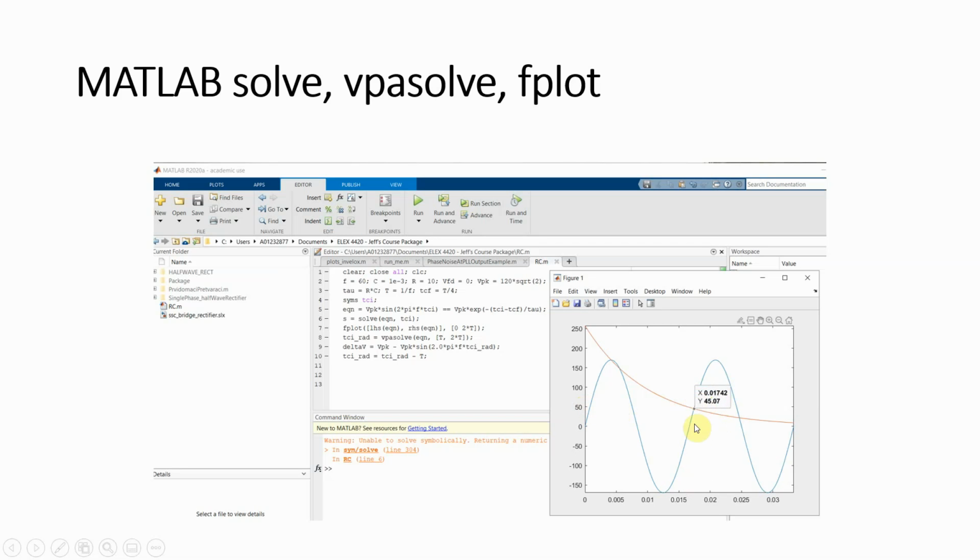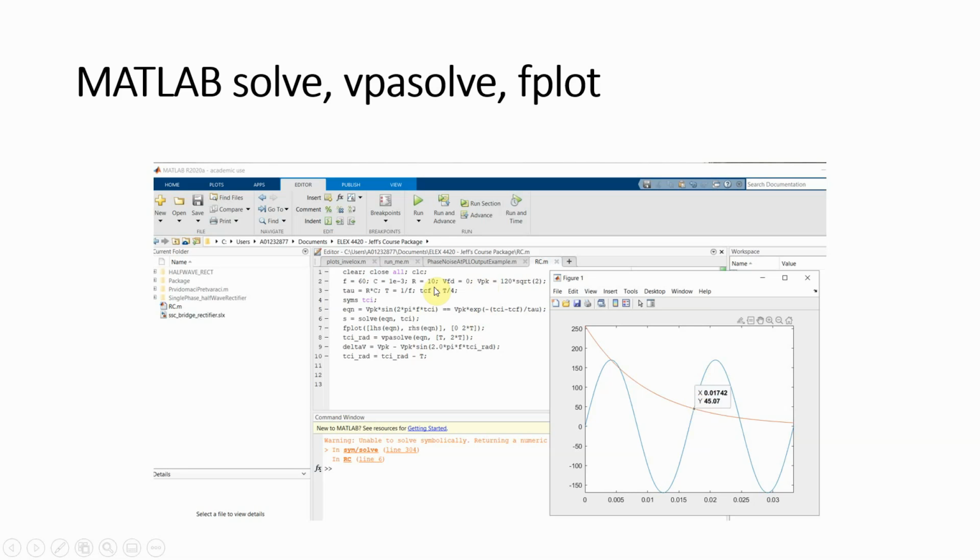the voltage. Even if you don't use the graphical plot, you can plug TCI into the equation and find the delta V. Based on the solution that we find, the delta V, the ripple, is from here to here, and we know that this point is V peak.